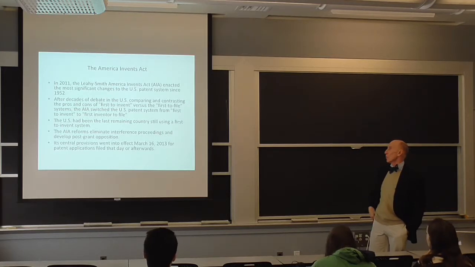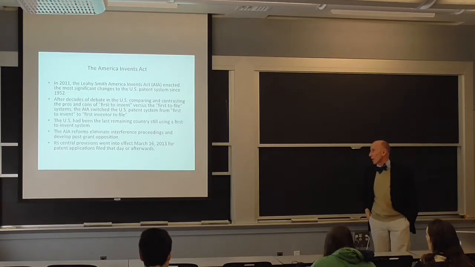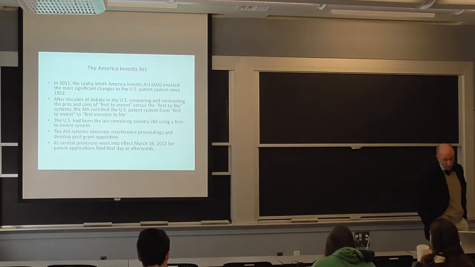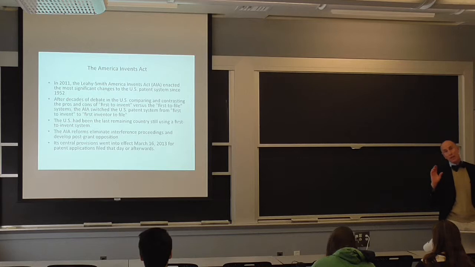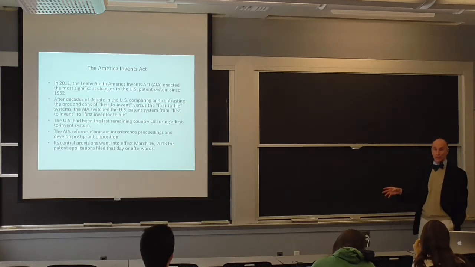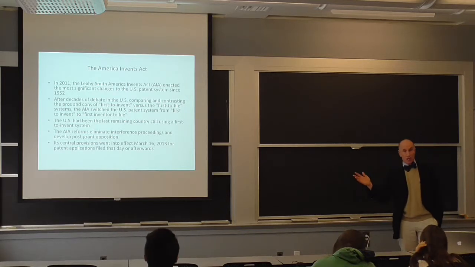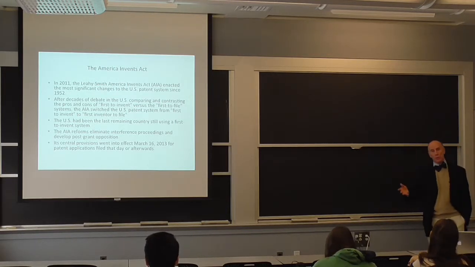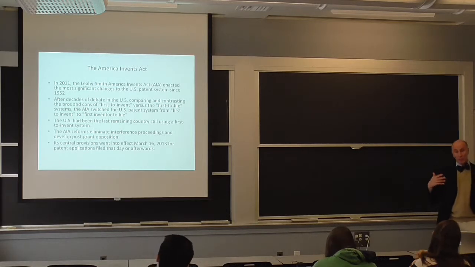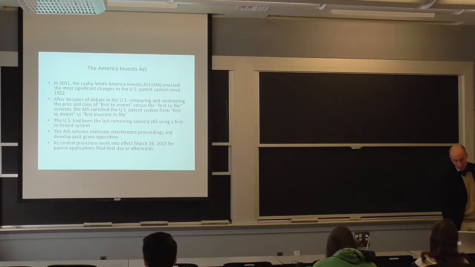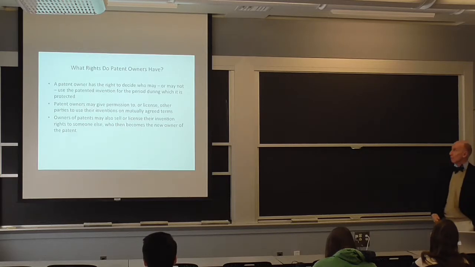Its central provisions went into effect on March 16th, 2013 for patent applications filed on or after that date. It is the most important act to come out of Congress since 1952. As I said, it's absolutely changed the playing field for inventors out there. There's a whole new series of things that inventors have to consider concerning first inventor to file.